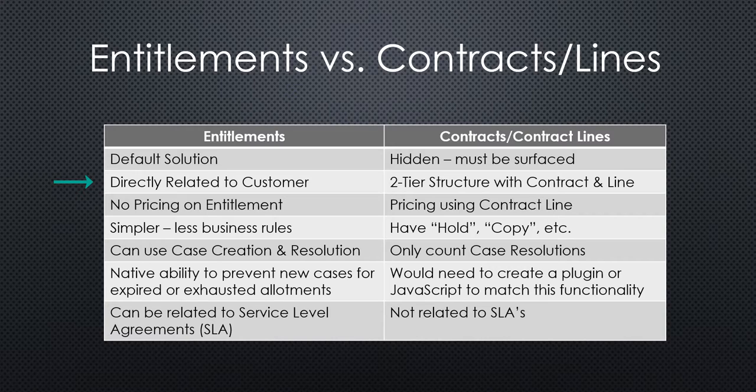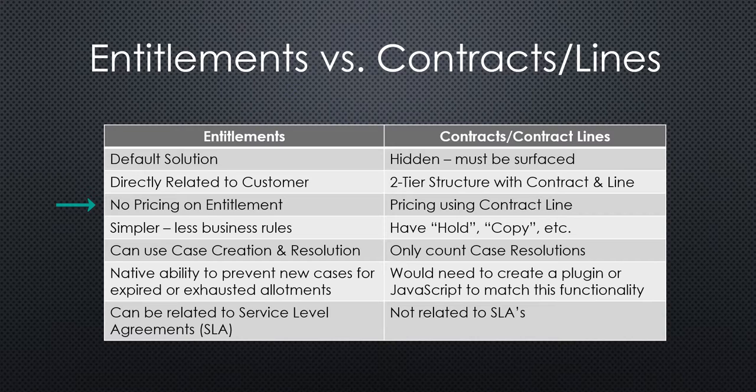With contracts and contract lines, there's a two-tier structure where you really do need to create the contract, where you manage the metadata around the contract, and then the contract line or lines that determine the type of service and some of the terms around that service. On entitlements, there's no pricing. There's no real pricing built in right now.